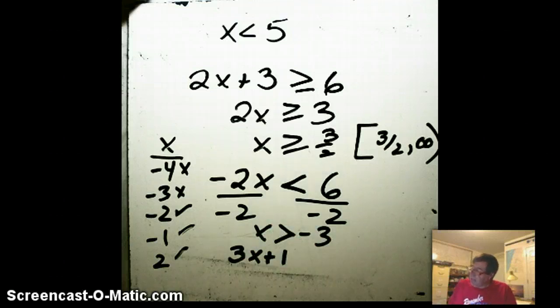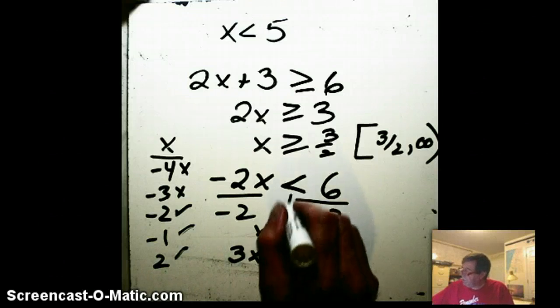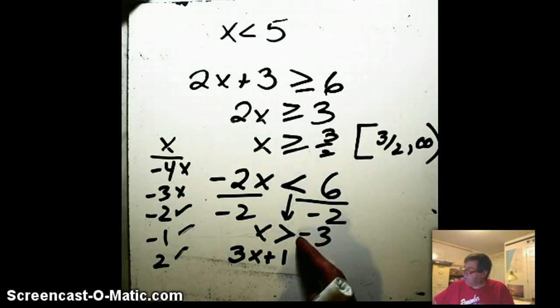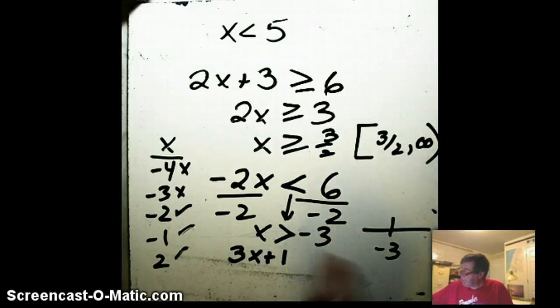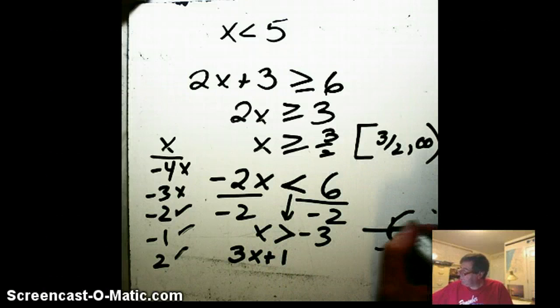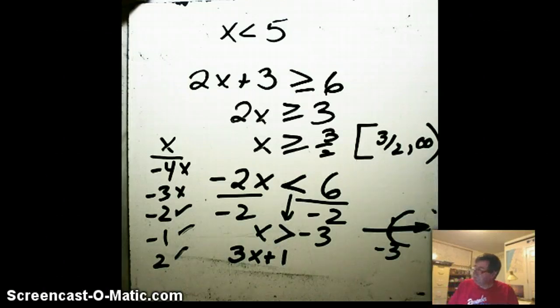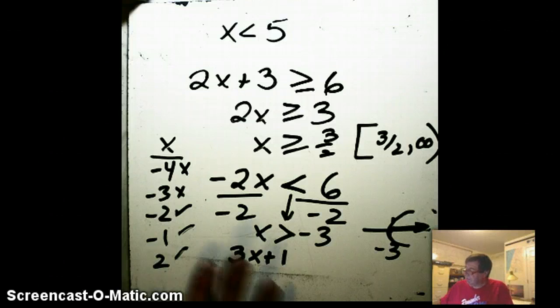So what happens is when you're multiplying or dividing by a negative in an inequality, you have to reverse the order of the sign. Could I graph that? Sure. -3, it's not included, everything to the right. It's pretty straightforward. I think that's all I want to say on that.